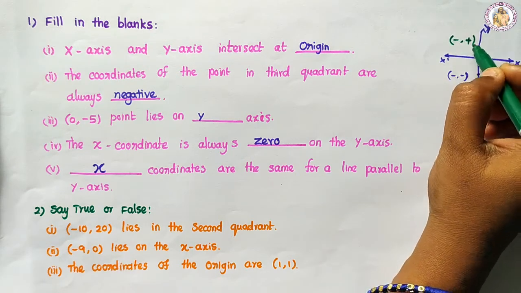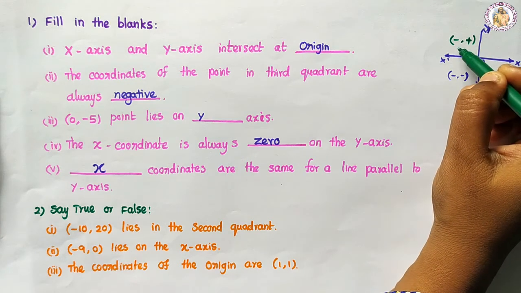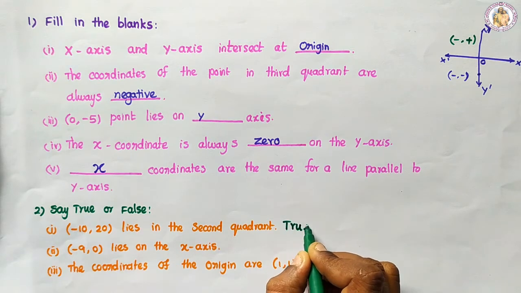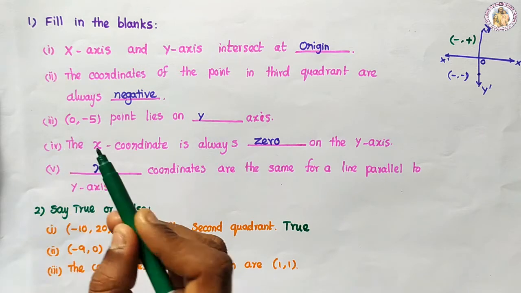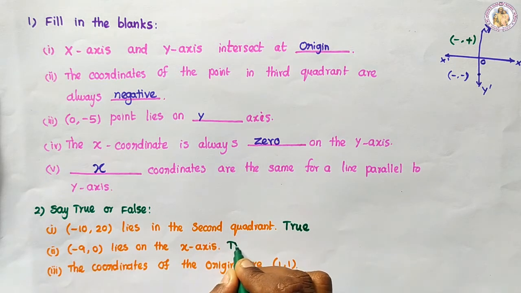It's minus comma plus, so it is the second quadrant. Yes, true. (-9, 0) lies on the x-axis. Here y is 0, so it lies on the x-axis. Yes, that is also true.